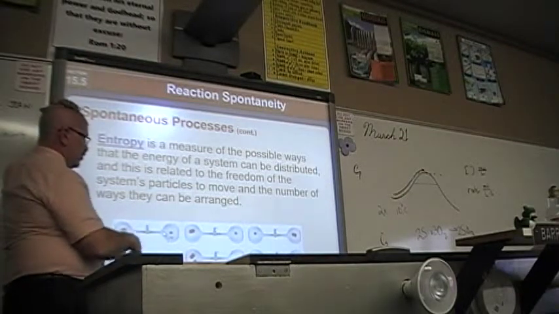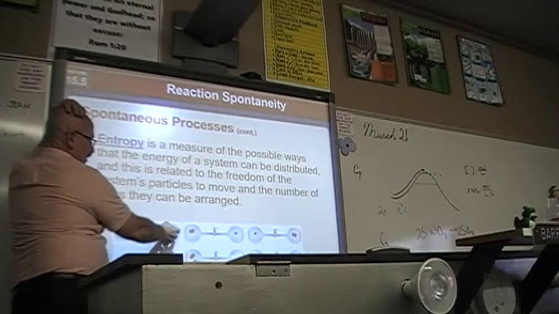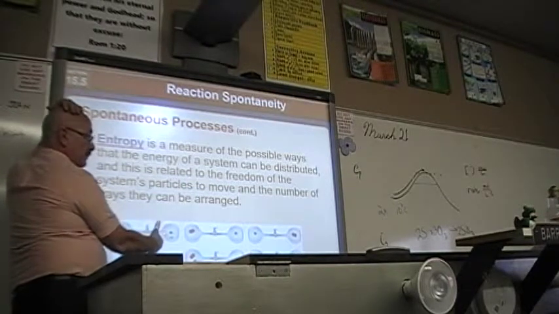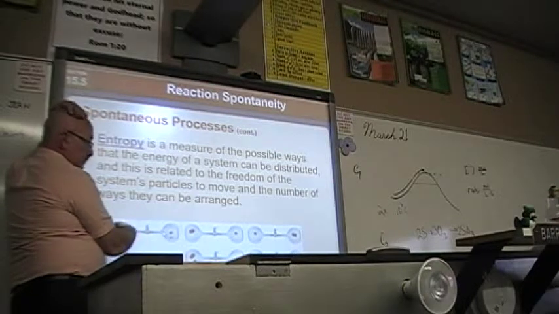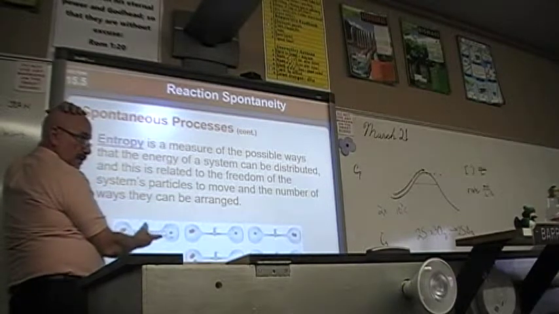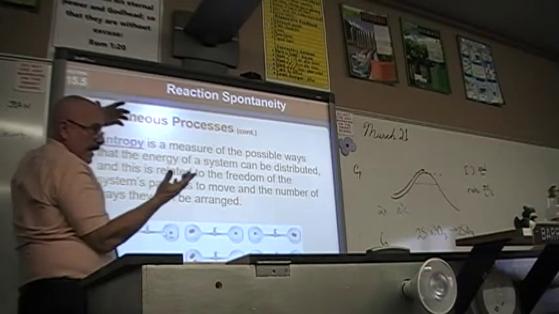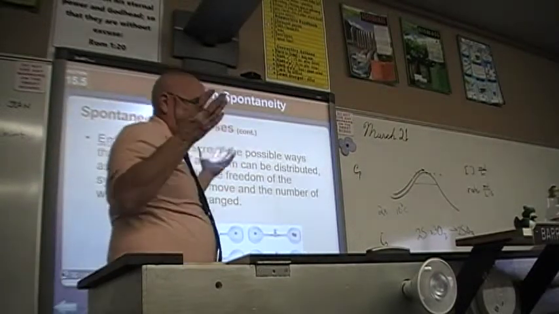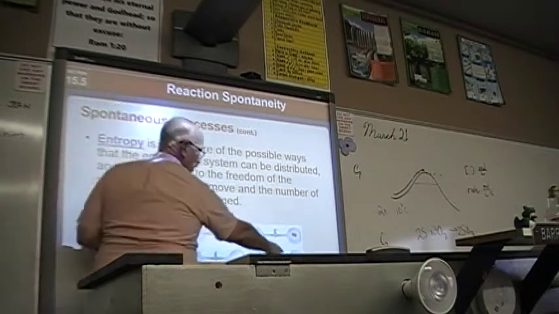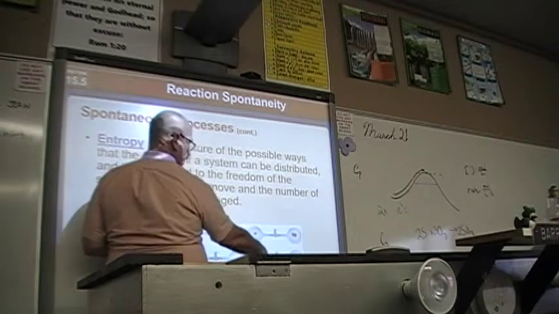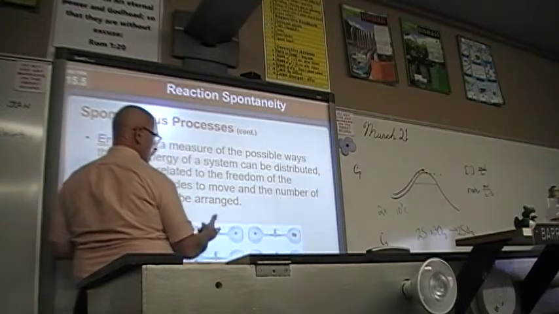There's some pictures here showing that if I put two different gases and attach them in the middle with a valve, and I open the valve, what's going to happen? Diffusion, right? Remember diffusion? Why does diffusion happen? It's just random bouncing of atoms off of each other. Eventually I'll end up with some on both sides.